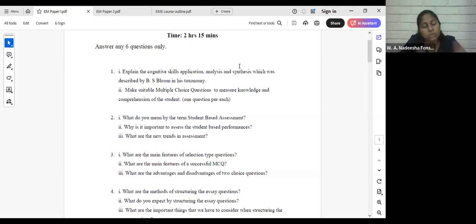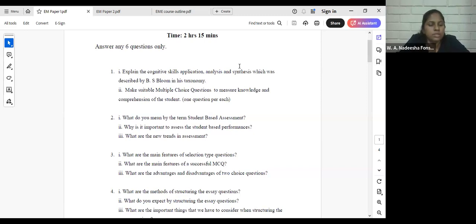There are more students who have more psychomotor skills than cognitive skills. So as educationists, we have to grab them also. Therefore, we have to assess the students using student-based performances. That's why within the term we have to use at least one SBA for a particular subject.